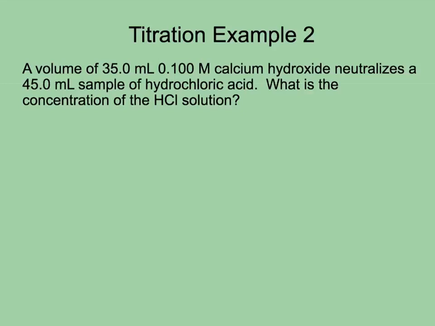First step, let's write our equation. Calcium hydroxide is ionic. Calcium is 2+, hydroxide is OH minus. So it's Ca(OH)2 plus HCl yields. Again, this is a fancy double replacement, so you put the two middle ones together, so H and OH, that forms water.